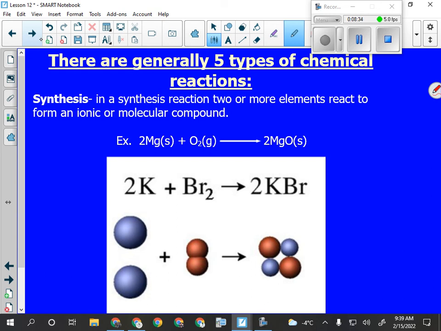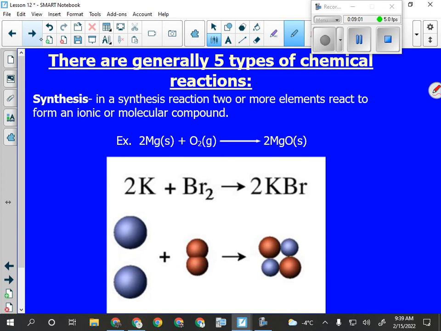Okay, and how many do I have over here? Two. Remember, this two is kind of like this. It's saying multiply everything behind me by two. So there's two magnesium atoms, there's two oxygen atoms. That means I have the same amount of material on both sides of the chemical reaction. I haven't created any matter and I haven't destroyed it. So it's important to make sure an equation is balanced.